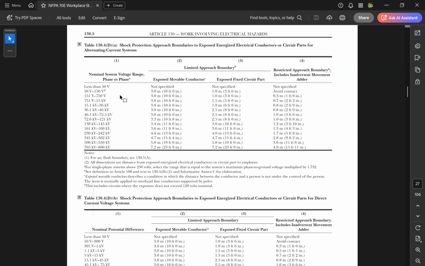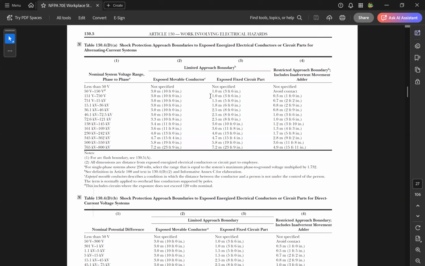So let's take, for example, a system that's 480 volts falling between this 151 and 750 volt category. If you go over to limited approach boundary for exposed fixed circuit parts in the panel board, switchboard, what have you, it's going to be 3 feet 6 inches.